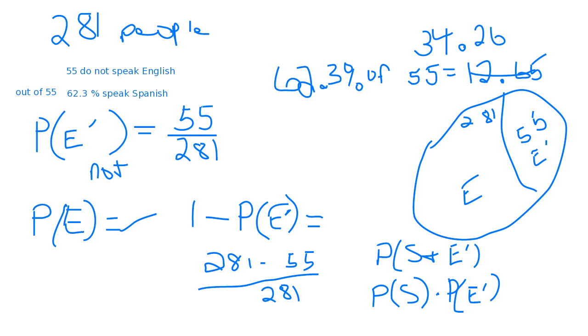Okay, so of those that speak Spanish, the probability you speak Spanish is 34.26 over 281. Wait, I'm sorry. Let's see. No, it's not. That's not 281.